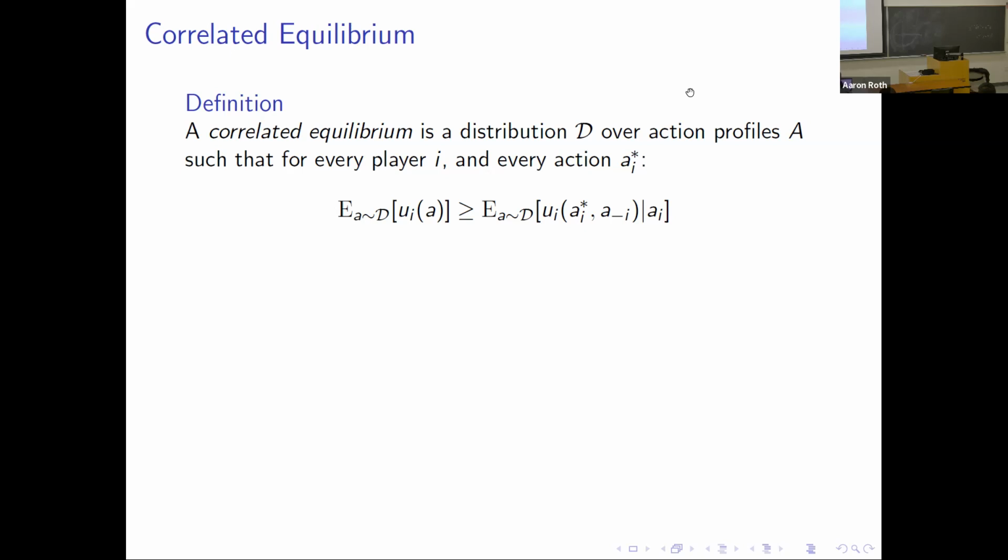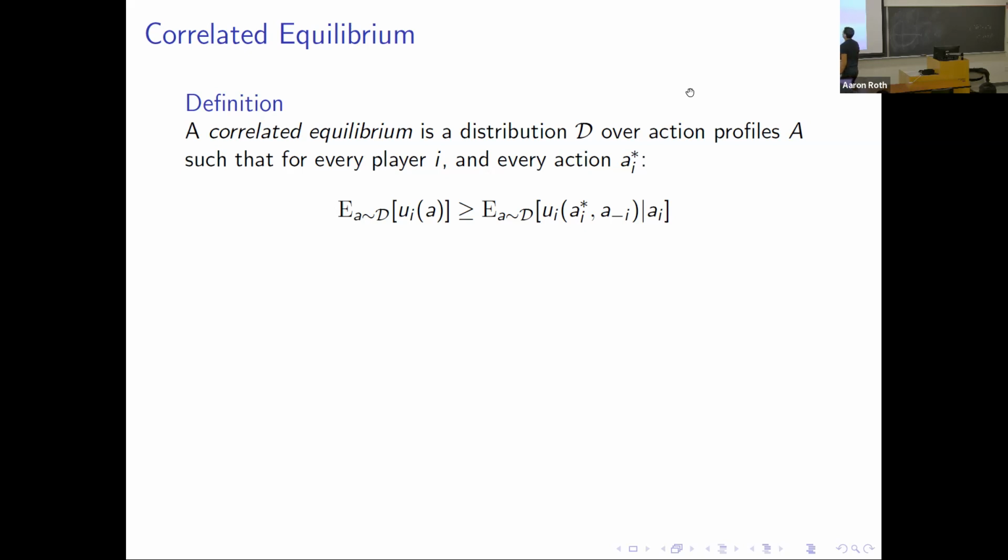Conditional on the suggestion, you know a distribution on what everyone else is going to do. And among all of the actions that you could play, given the distribution you know on what everyone else is going to do, it should be a best response for you to play the action that was suggested to you. So the action that was suggested to you should be a best response to the induced distribution on what everyone else is going to do, simultaneously for every player.